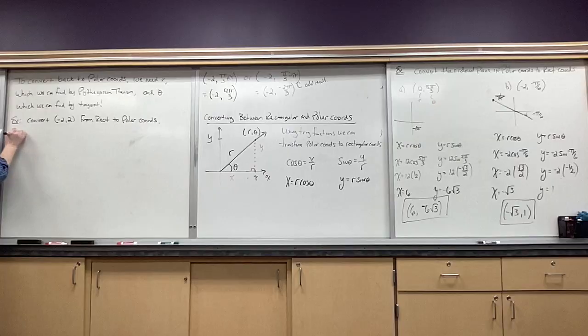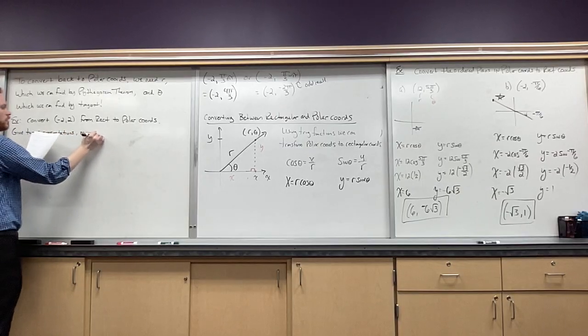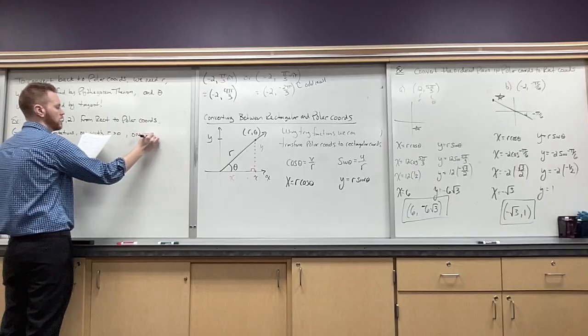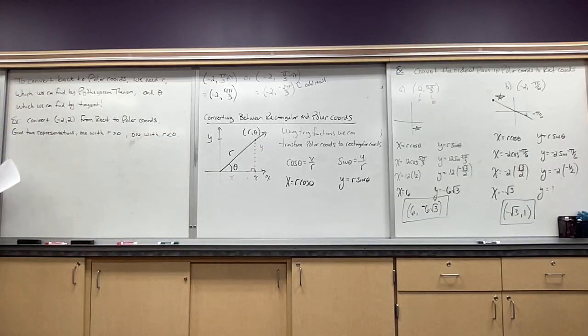So with this one, we're going to give just 2 representations. One with a positive radius, and then one with a negative radius. So we're going to give 2 answers, okay? One that has a positive r value, one with a negative.